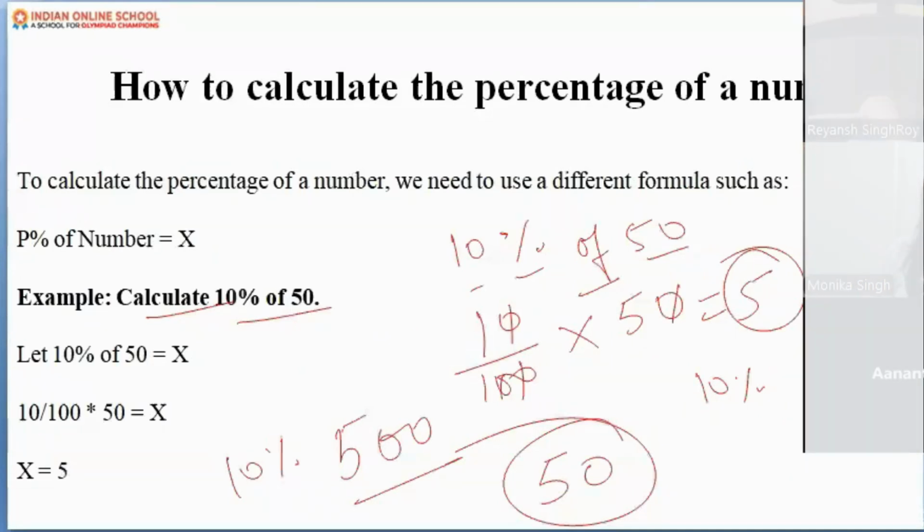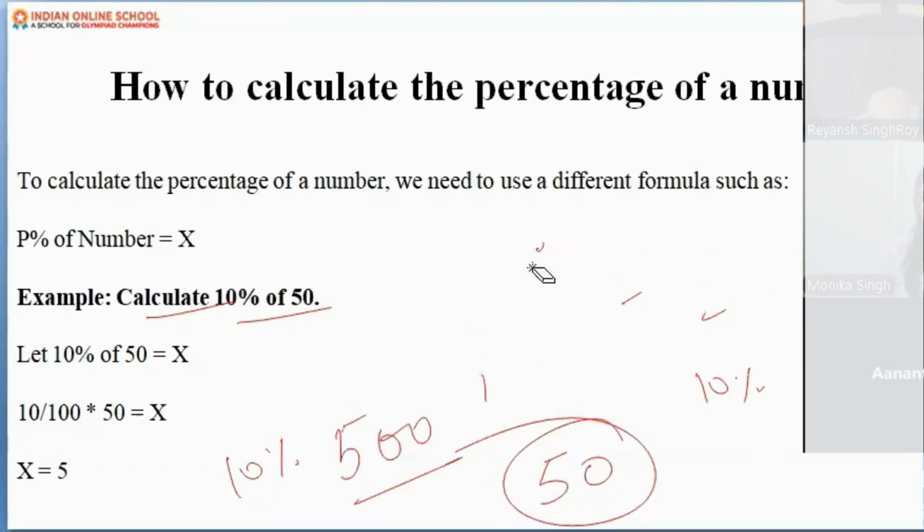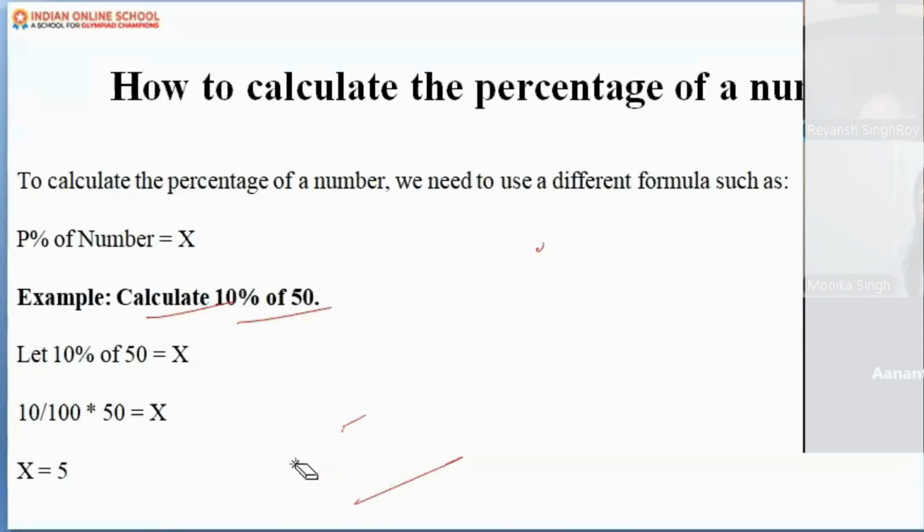Now we have to find out 10% of 50. What will be the number? 10% of 50. I will tell you a trick also here, but first of all, let's go with the steps. 10%. Percent means out of 100.